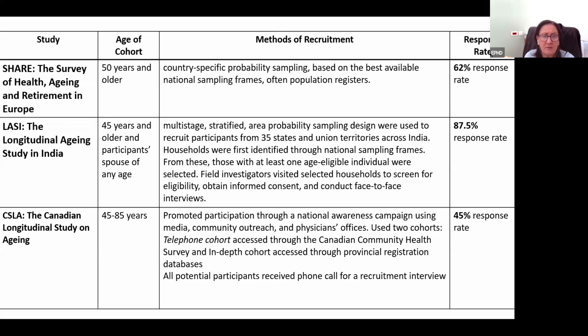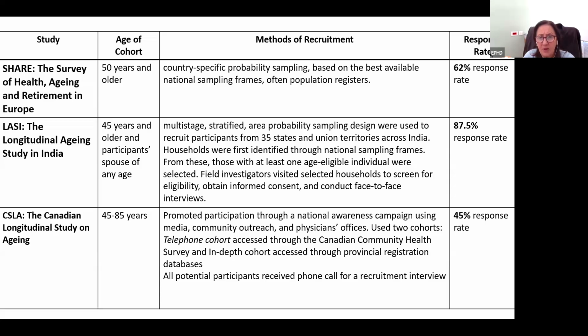The next one is LASI, the Longitudinal Ageing Study in India. It recruits people 45 years or older with their spouse. It's a multi-stage stratified sample, very much resembling the Al Sahha study in Lebanon, but broader in scope. It covers 35 states and union territories across India.